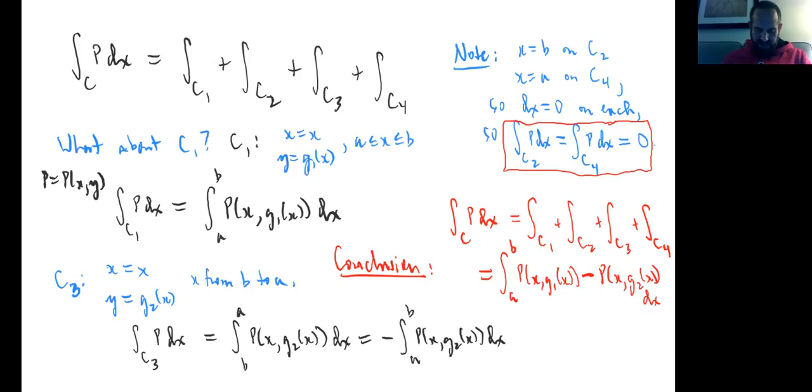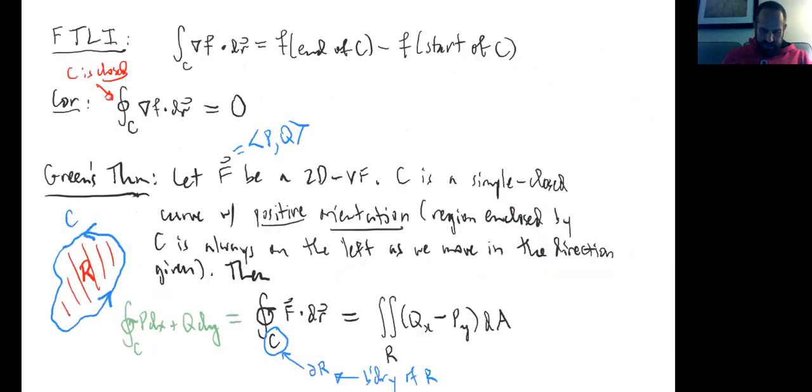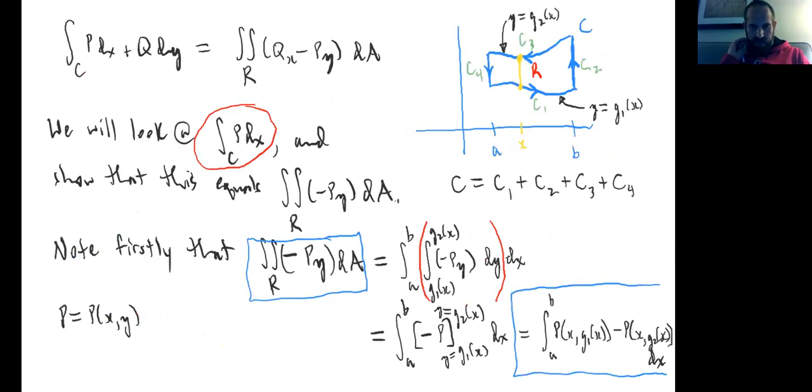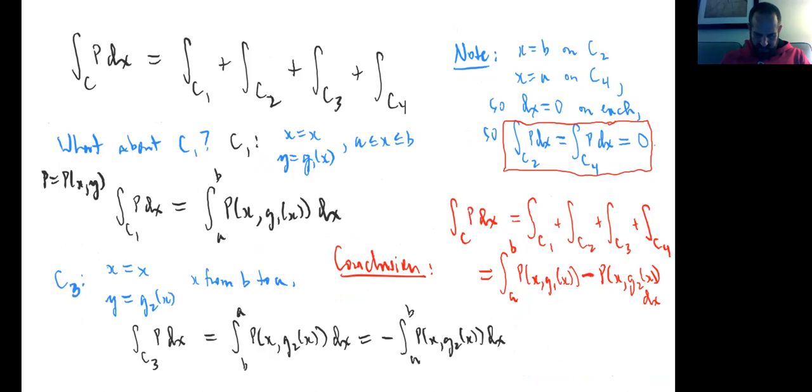And where have we seen that before? We just saw it back here, the second one. We did the double integral over the region, and we ended up with the integral from a to b of P of x, g1 of x minus P of x, g2 of x dx. Exactly what we have sitting right here. So this is precisely equal to the double integral over R of negative partial P with respect to y, dA.